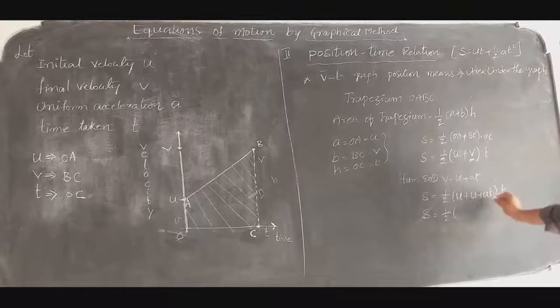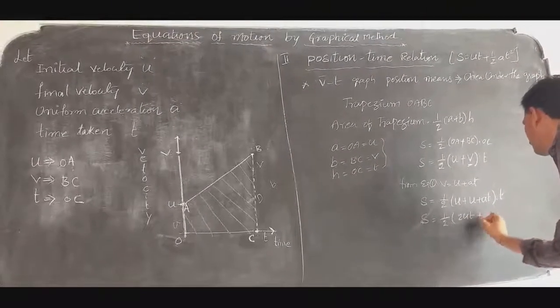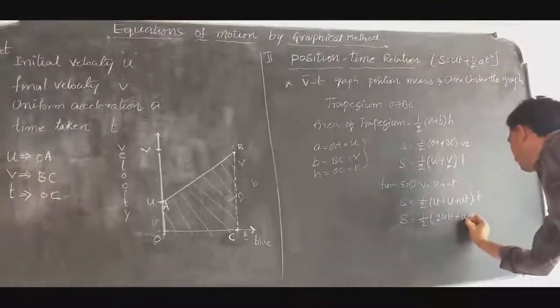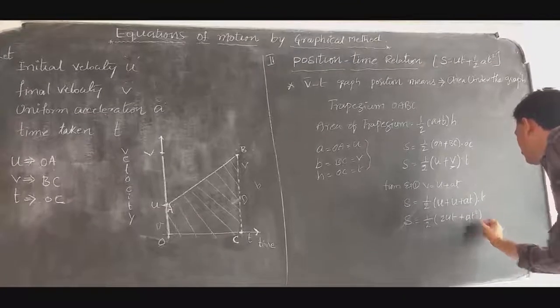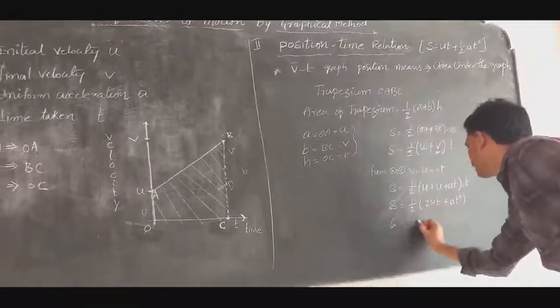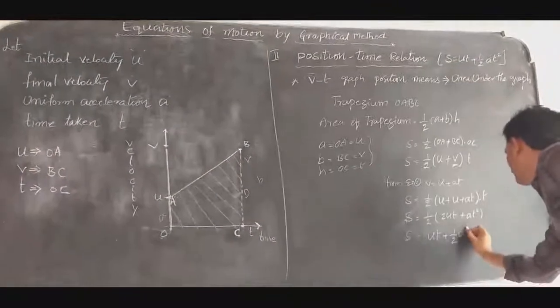U plus U into T, 2U into T, plus AT into T, AT square. Then you can write S is equal to half will be cancelled here, UT plus half AT square.